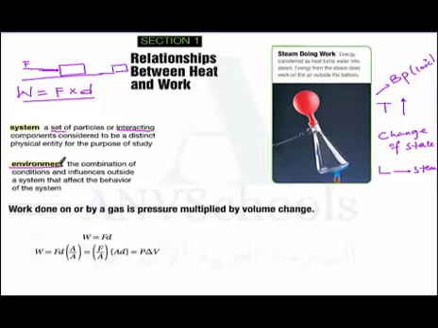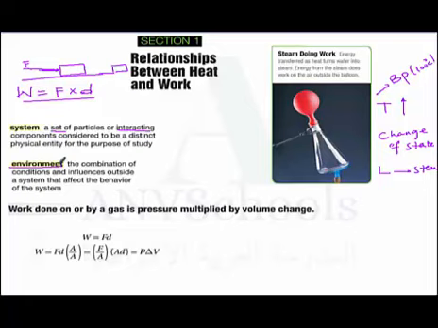So when you say environment, it is a combination of conditions and influences outside the system that affect the behavior of the system. All the conditions that can affect the behavior of the system are called environment.